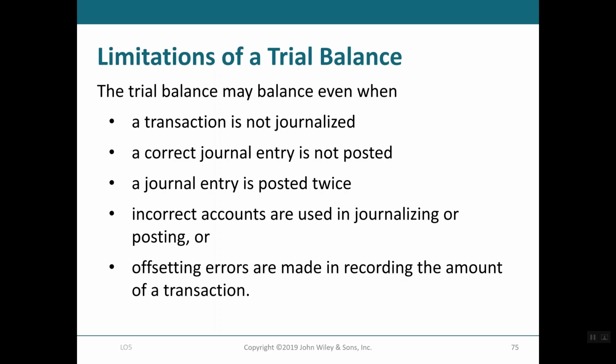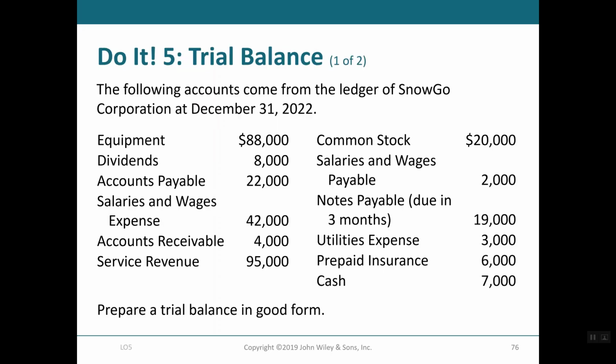At the end of the day, my debit is also going to equal the credit. Offsetting errors are made in recording the amount of the transaction, right? So I put 40 somewhere and I put a different number, and then I have another error that offsets the error that I made initially, then that's also going to make my trial balance balance. And those are some of the limitations of the trial balance.